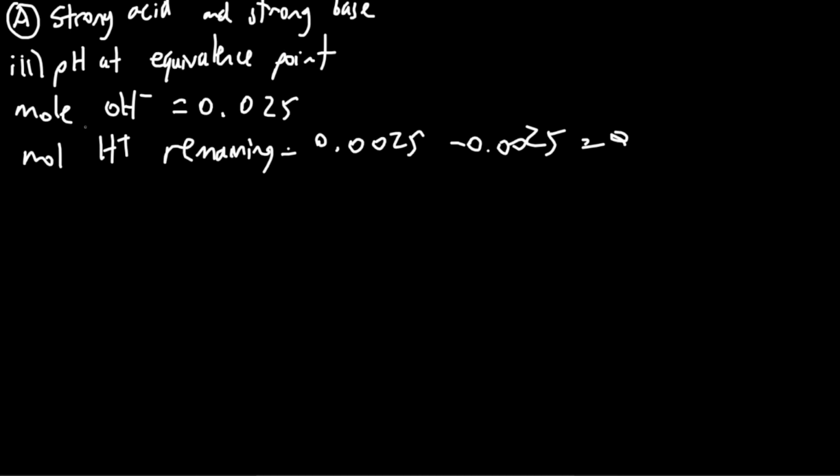Essentially, it means that you have the same amount of moles of acid and base, and when you mix them together, they're going to neutralize, and then you have 0 moles of H plus remaining. And this means that the concentration of H plus and the concentration of OH minus ions are the same, and this means that pH equals 7.